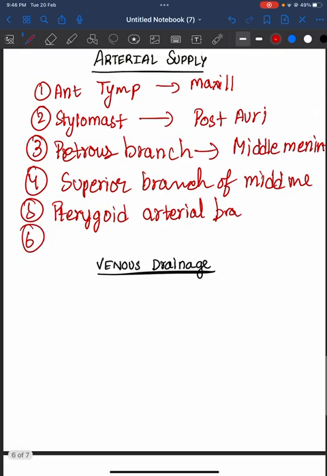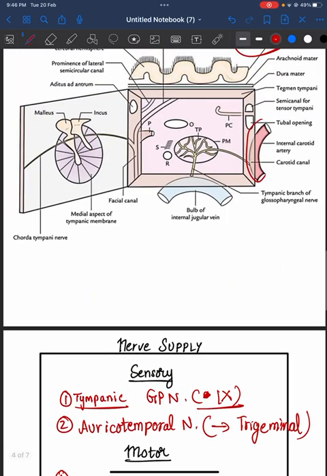Now, as you can see over here, there is an internal carotid artery, right? You can just mention it as the branch from the internal carotid artery. Simple.